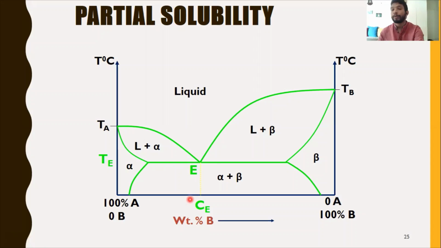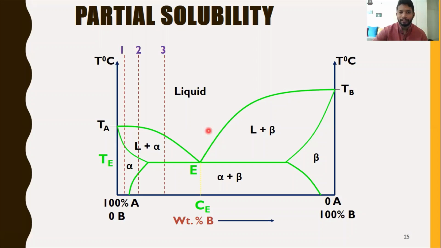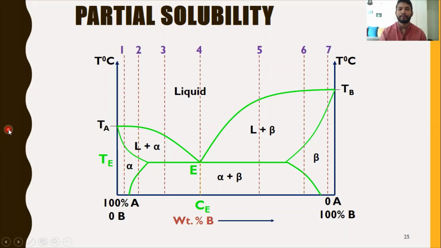Now, how can we draw this? If you have drawn the earlier two, this is nothing. It's very easy to draw. So, let me show the lines 1, 2, 3, 4, 5, 6, 7. Though it's 7 structures, they are mirror images.